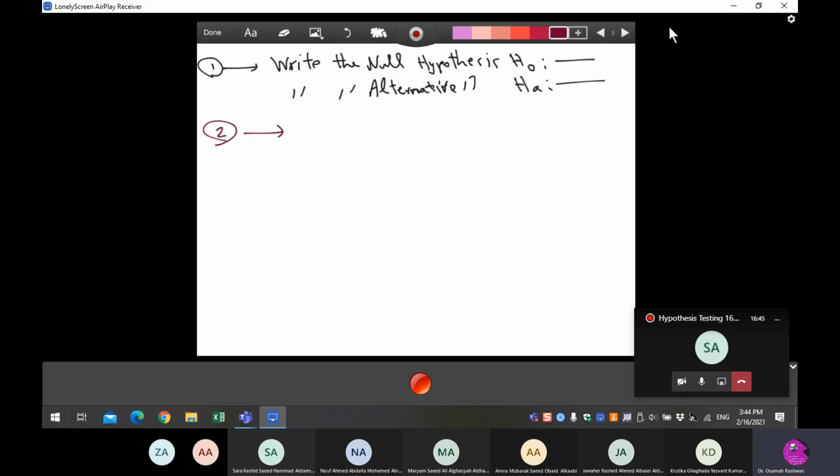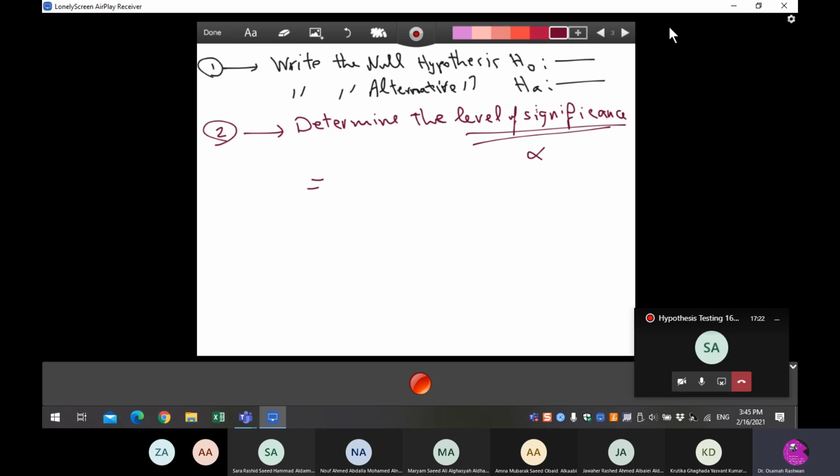Step 2, you determine the level of significance. Level of significance, all the time I call it the accepted error, you know? What is the percentage you accept to have an error, right? The level of significance, we call it alpha.